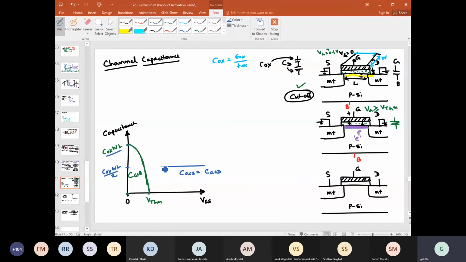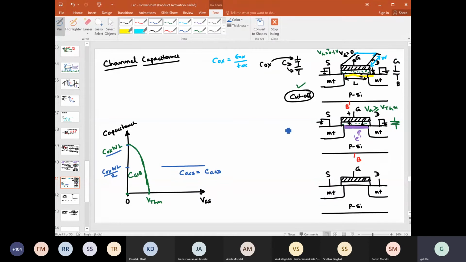Now, where from will this capacitance start? Obviously, this capacitance cannot start immediately at the threshold voltage VTH, right? Because from our definition, from your semiconductor device course, I think you will remember that before strong inversion, you have another inversion which is called the weak inversion, right?